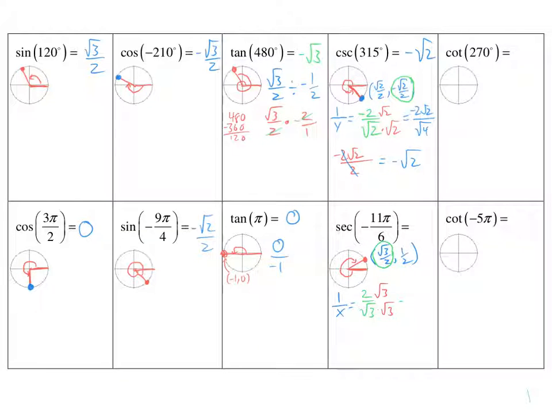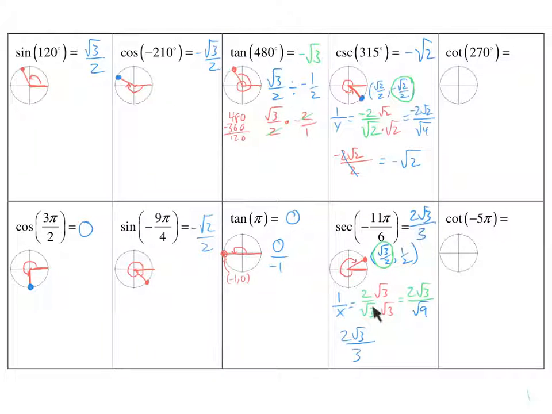And once I do that, I get 2 radical 3 over, well, radical 3 times radical 3 is radical 9, which won't that become a 3? So what you're going to end up with is 2 square root 3 over the square root of 9, which is 3. So it's 2 radical 3 over 3 is the answer.